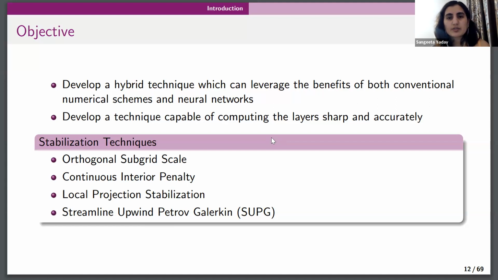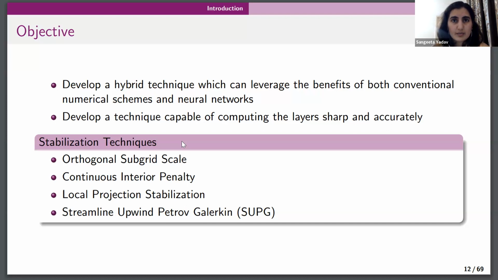So in this work, we will be trying to predict the value of the stabilization parameter using a neural network. And that stabilization parameter will be used as it is in the stabilized finite element method structure. From this proposal, our objective is to develop a technique which is capable of computing the boundary layers or interior layers sharply and accurately.